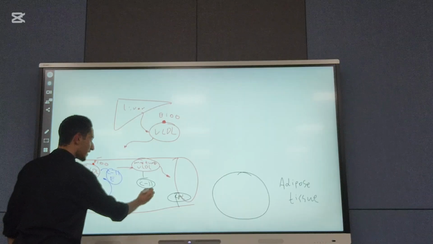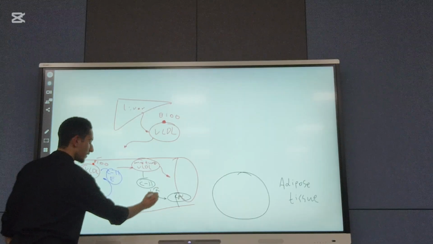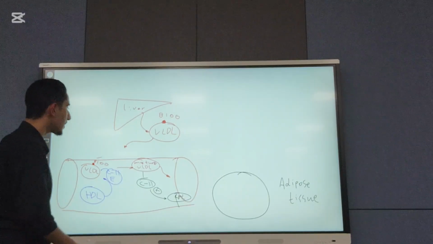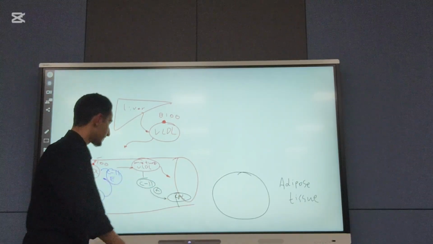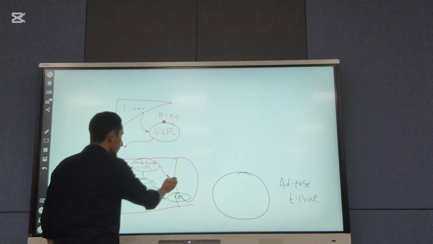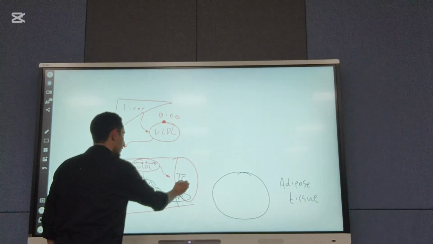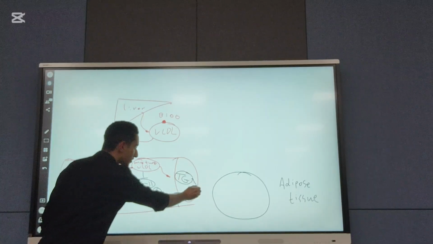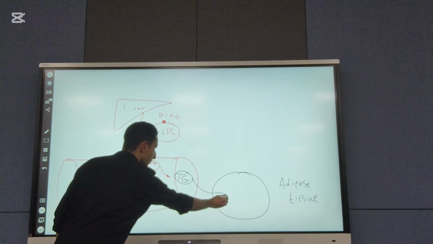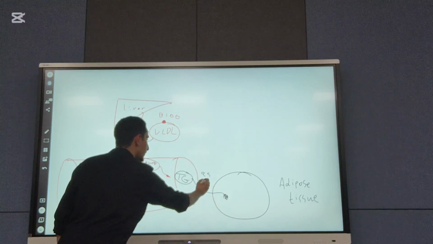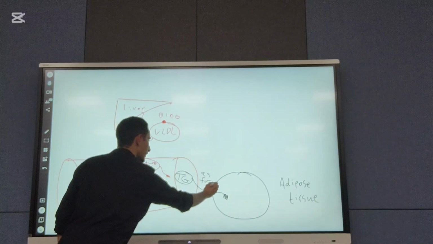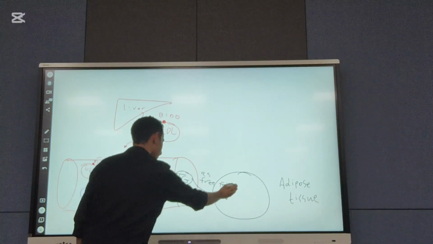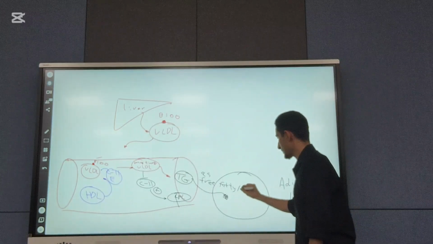C2 activates the LPL. خلاص, LPL now became active. What will it do? It will break down the triglycerides. Here's the triglyceride. I'll write TG. TG means triglycerides. In order for the triglyceride to pass into the adipose tissue as free fatty acids.